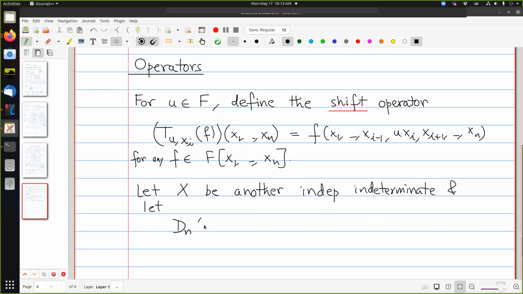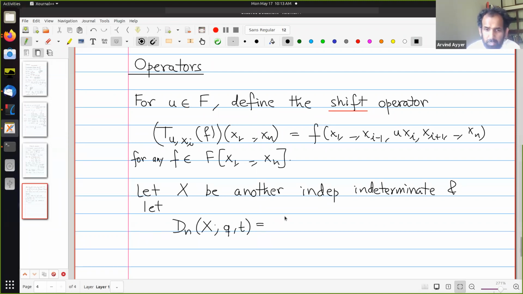Define D_n(X; q, t) to be 1 by a delta of x. This is the Vandermonde, a sum over permutations in Sn.